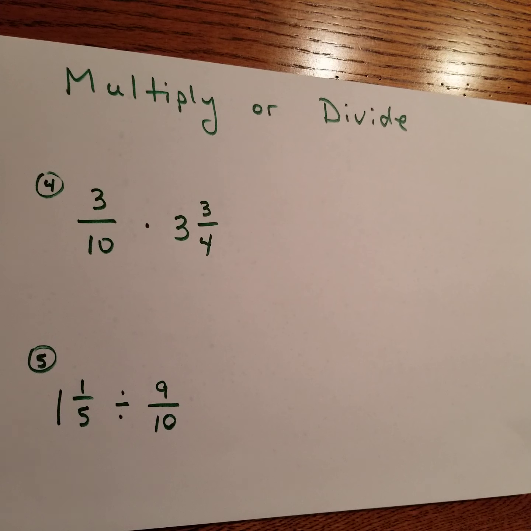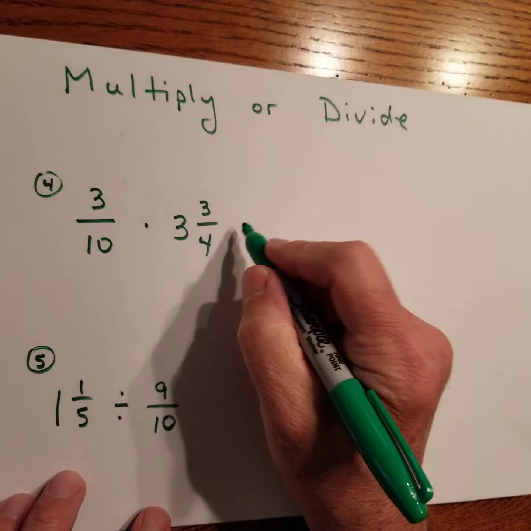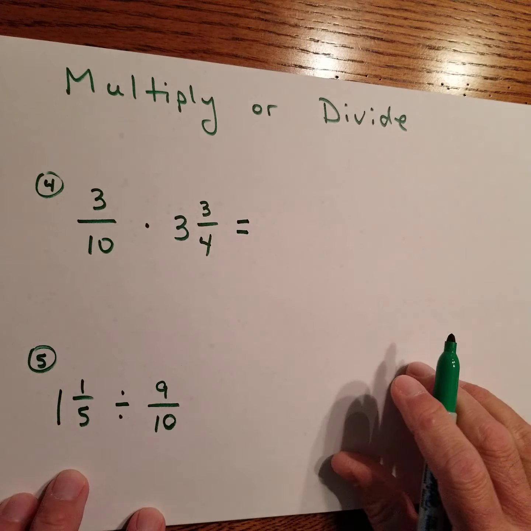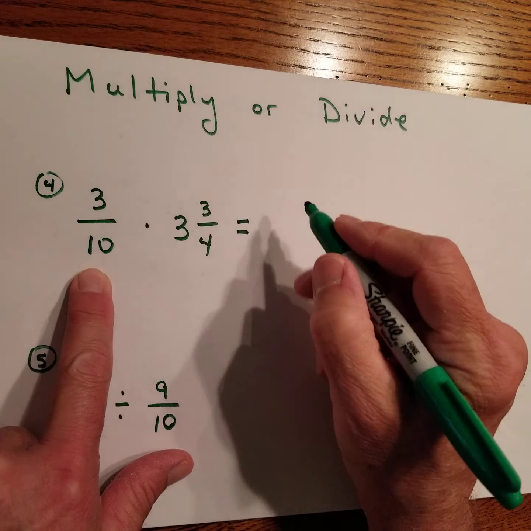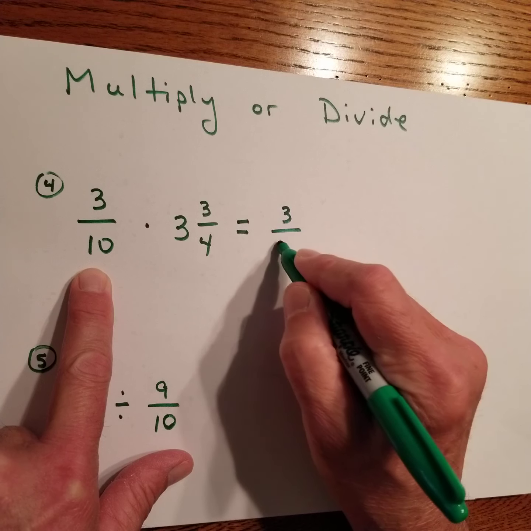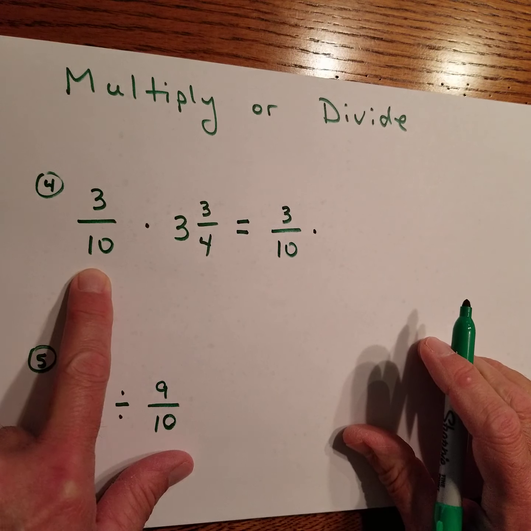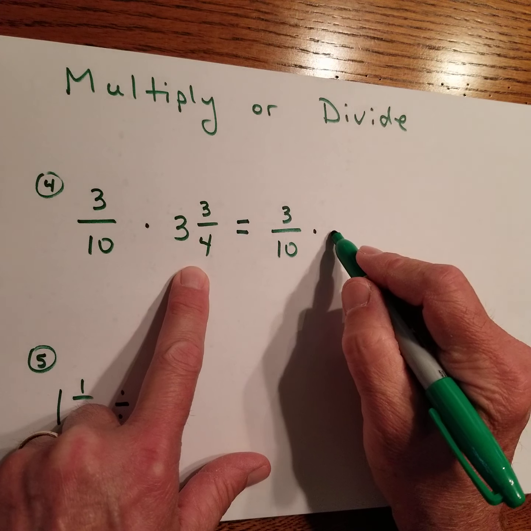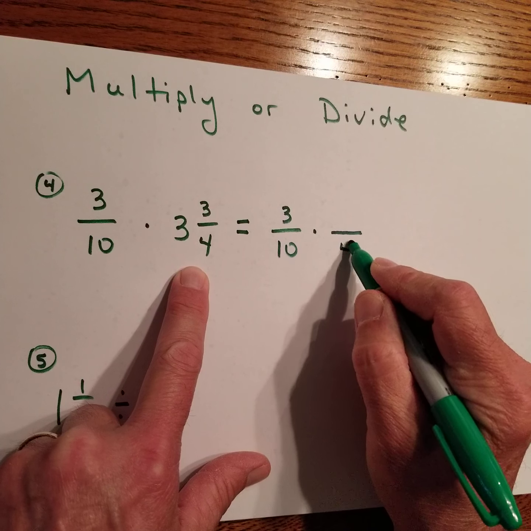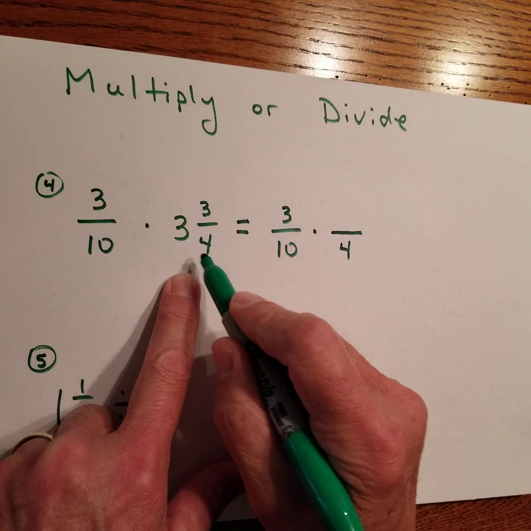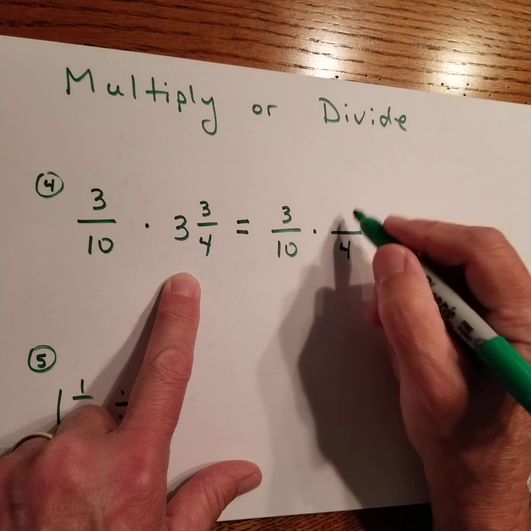To multiply or divide, we again first change all fractions into improper. We'll copy the 3/10 and change 3 3/4 into an improper fraction. 3 times 4 plus 3.